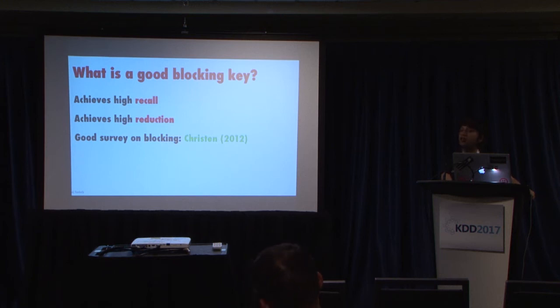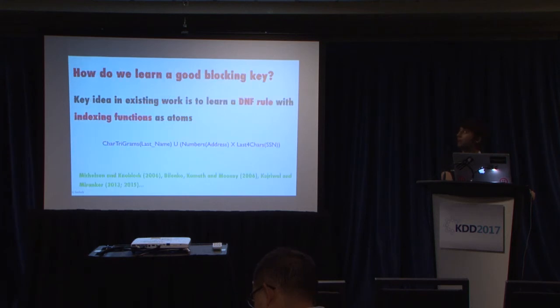Again, in unusual domains, we want to try and learn a good blocking key. We don't want to guess what's going to make a good blocking key. We want to give training examples of true positives and true negatives and learn how to do the blocking. There's some existing work on this. The main idea is that we are learning rules, what we call disjunctive normal form rules, with indexing functions as atoms.